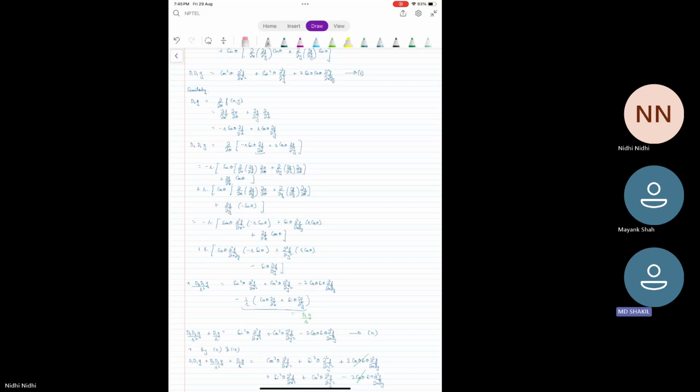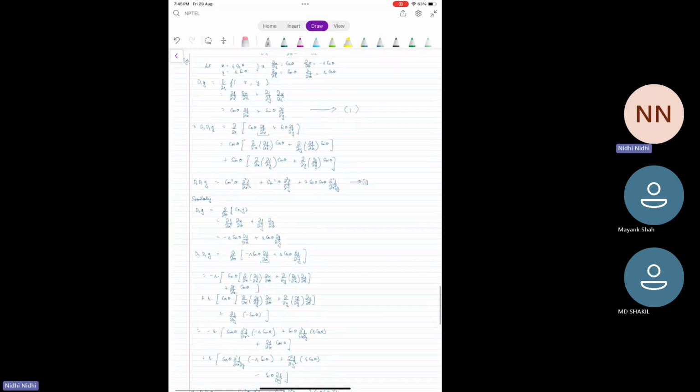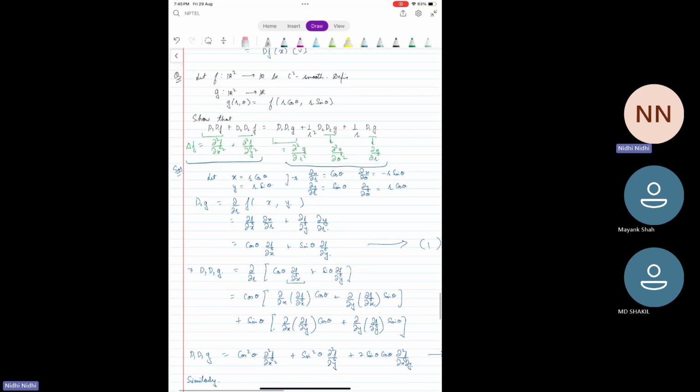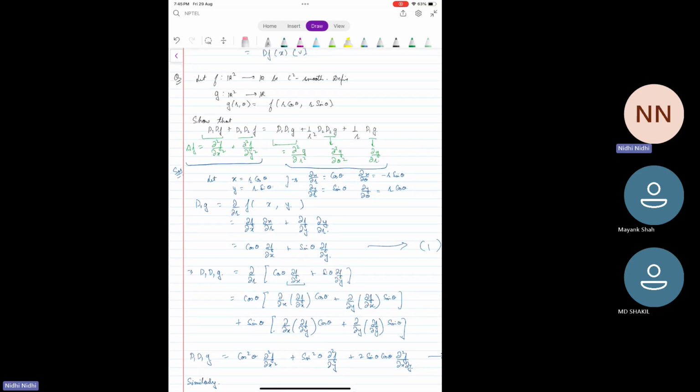Ma'am, initially you named this problem a radial function something. Yeah, we are actually converting this Laplacian in the form of a radial function. So in the Rn case also, we can say that it is the radial form of the Laplacian, from xy to r theta.